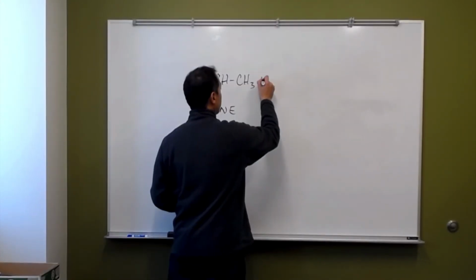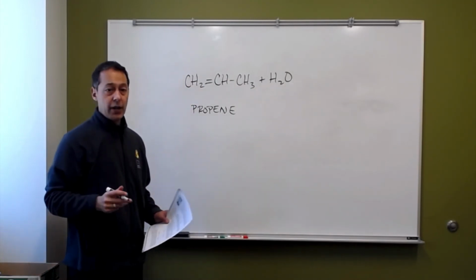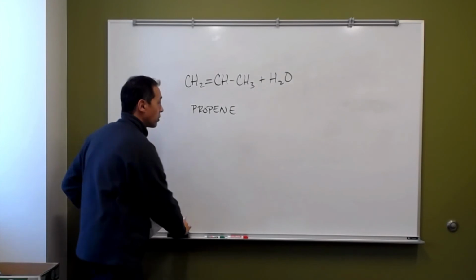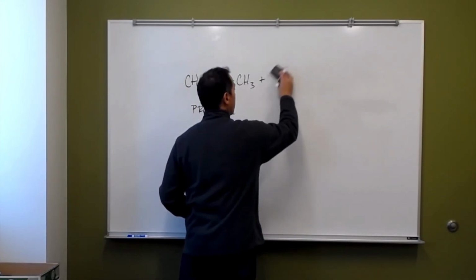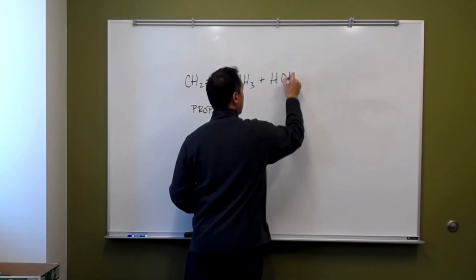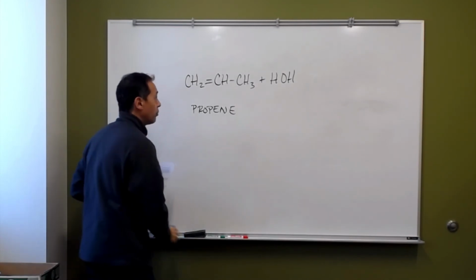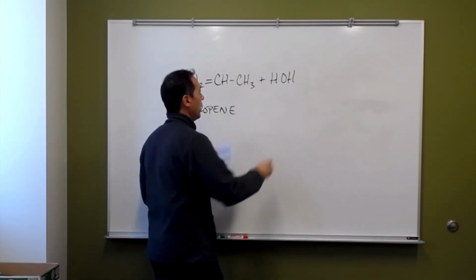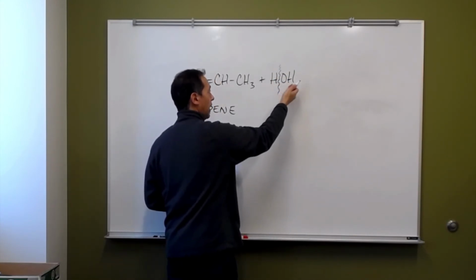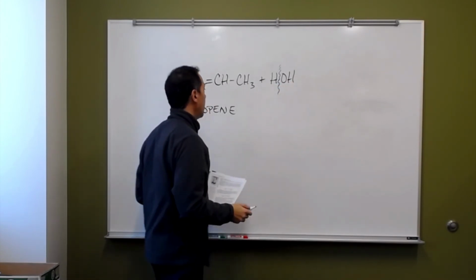Some people like to write H2O, and that's fairly common. I often like to write water as H-O-H, because we're going to break this apart and end up with a hydrogen ion and a hydroxide ion.